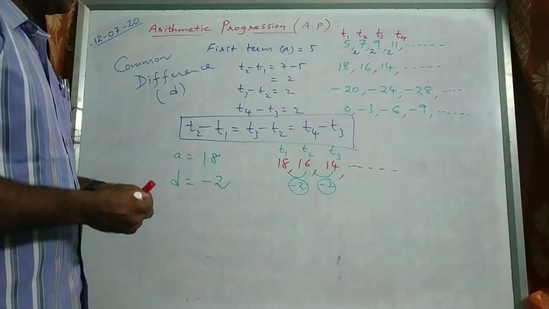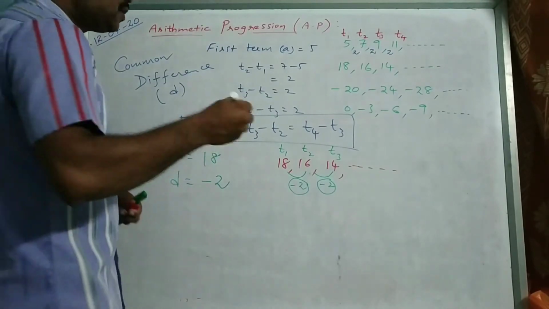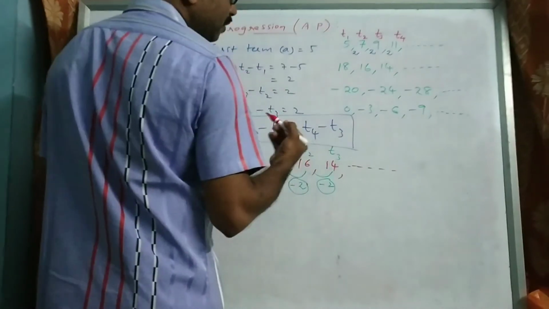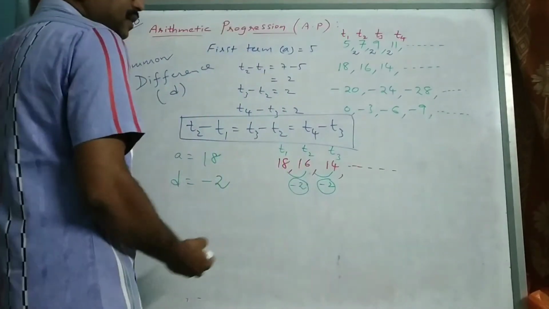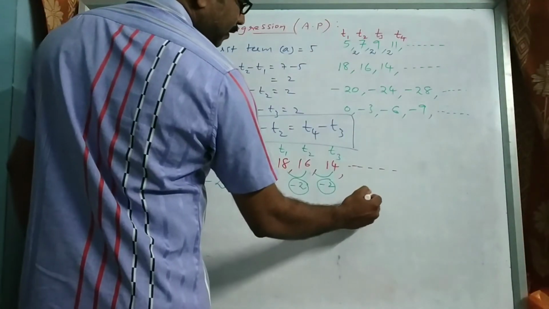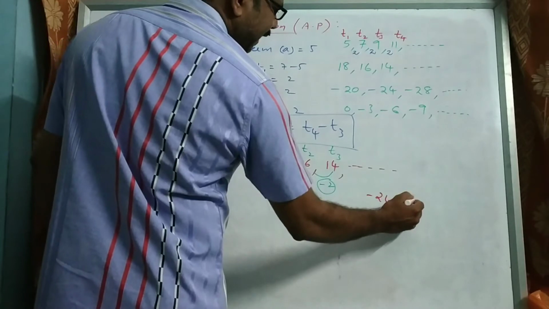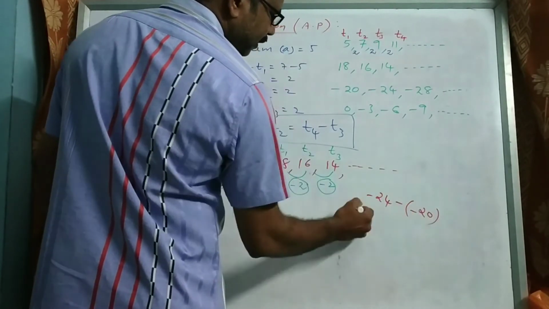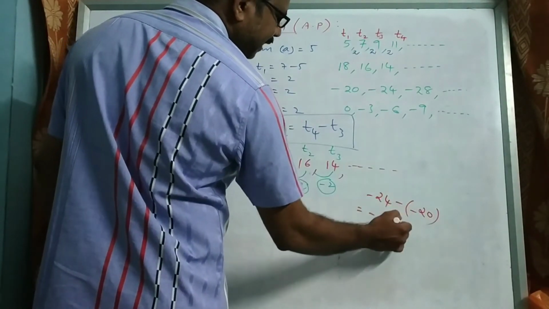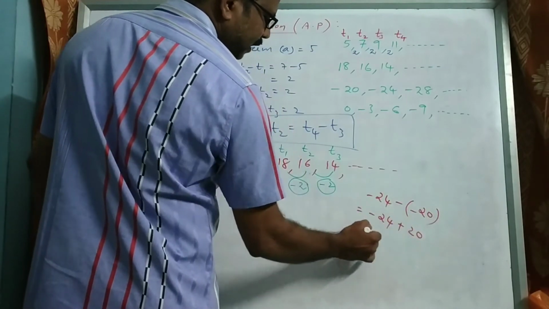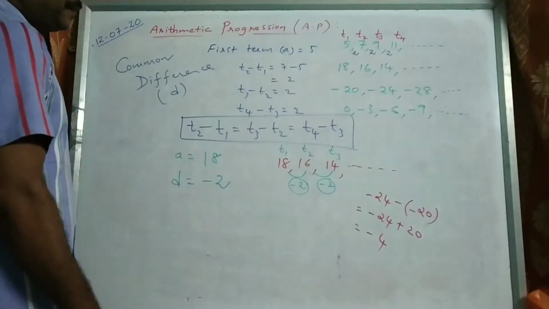Look at the third one: minus 20, minus 24, minus 28. So what is the common difference here? Minus 24 minus of minus 20. Minus 24 minus into minus, plus 20. How much? Minus 4.